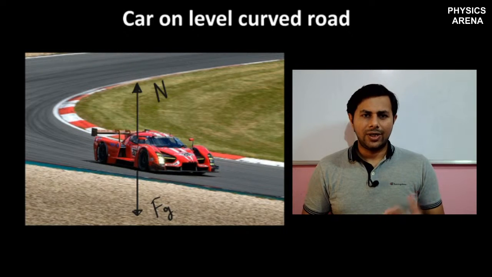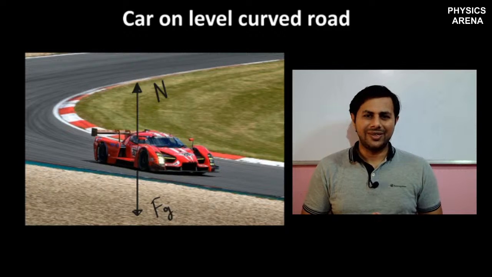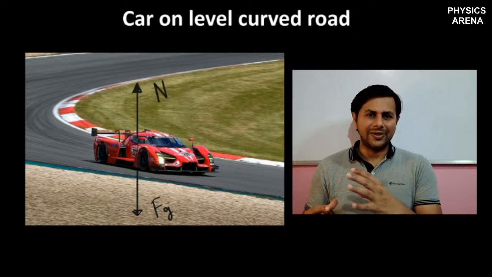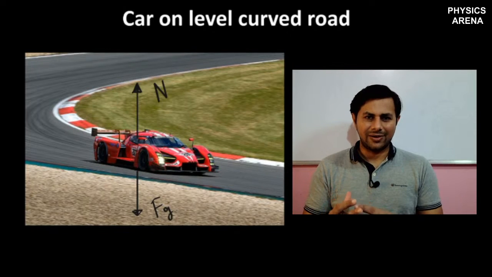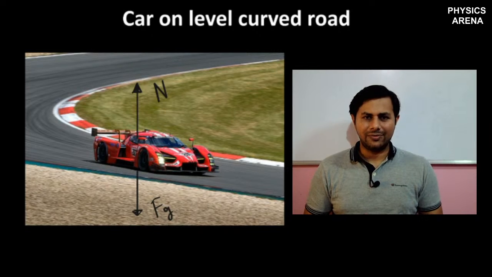Now when you take a turn towards left, you feel there is an outwards force acting on you towards right, and many times your head might get banged on the window of the car. So is there any force acting on you, or what's happening over here?